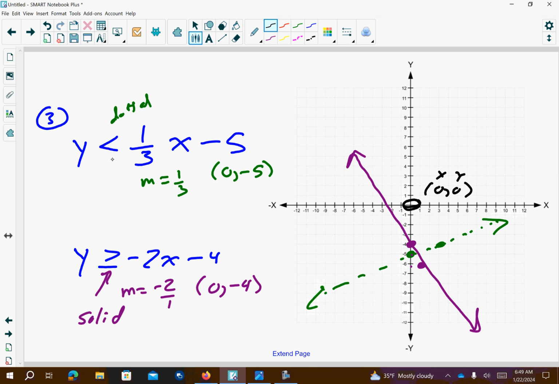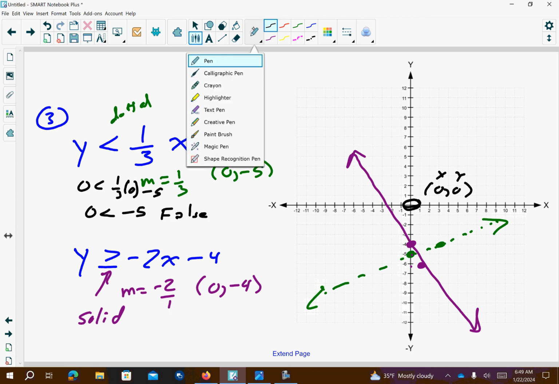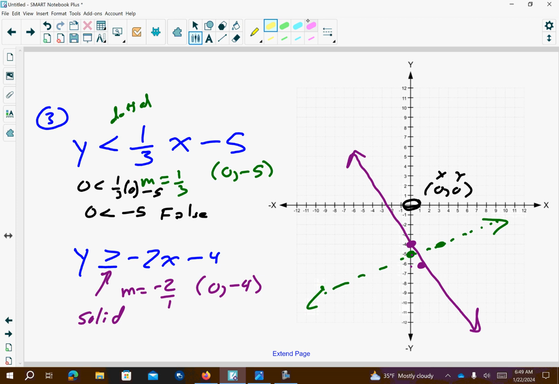So remember, this is the green one. Is 0 less than 1/3 times 0 minus 5? Is 0 less than negative 5? This is false. Remember, this is for the green line. So what I'm going to do is shade underneath the green line. It's this whole region down here that I'm going to shade underneath the green line.